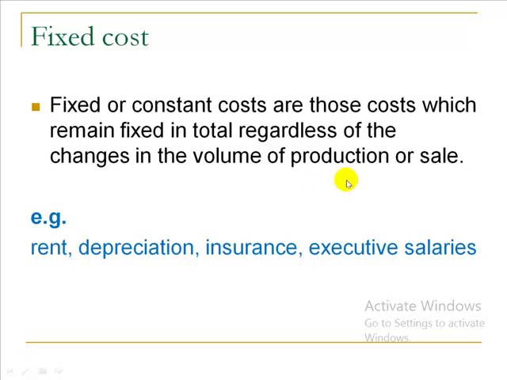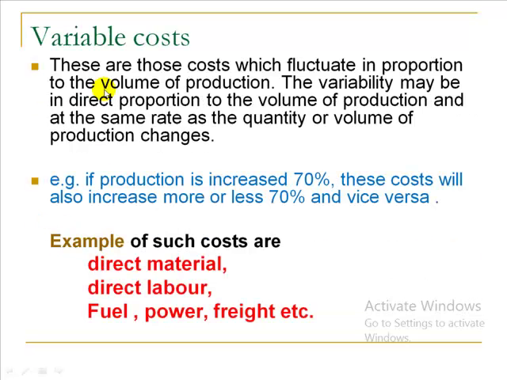The other one is variable cost. Fixed cost was not related to production or sales, whereas variable cost is the cost which varies with production and sales. When our production is boosted, we will be required to pay more. If our production or sales are reduced or on decline, we will pay less.